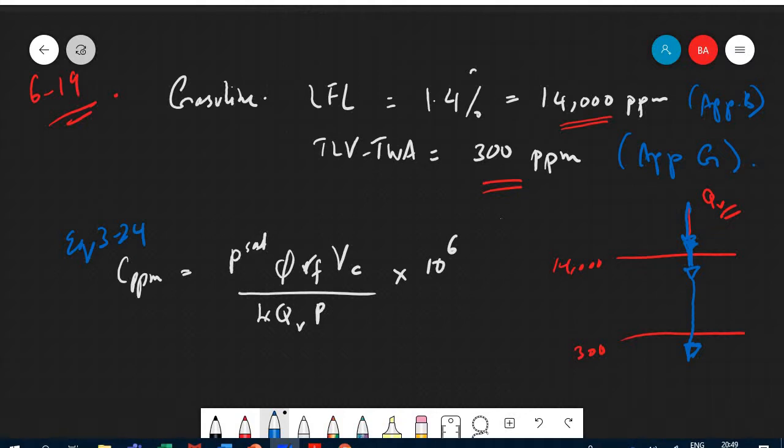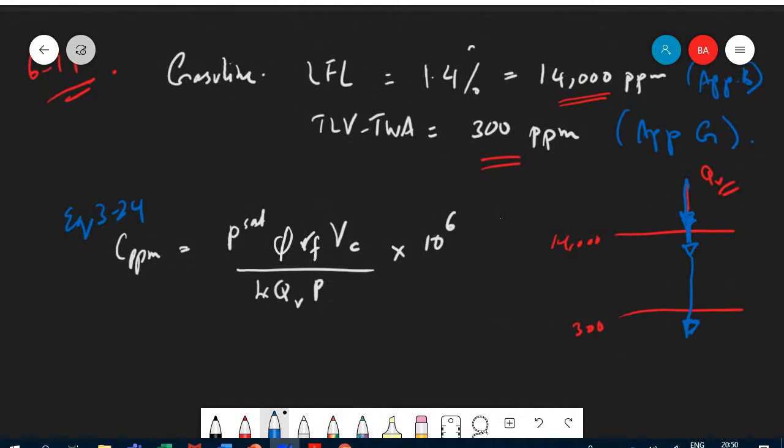So you got the idea? I already can answer that. You need a higher ventilation rate to work on the value for the threshold limit value. And you already can see here, QV and CPPM have an opposite or inverse relationship.